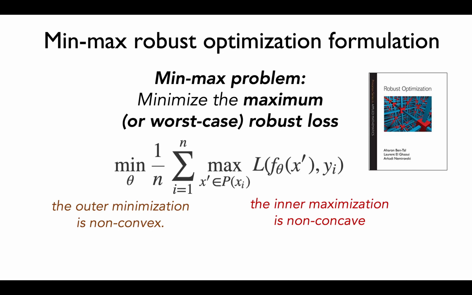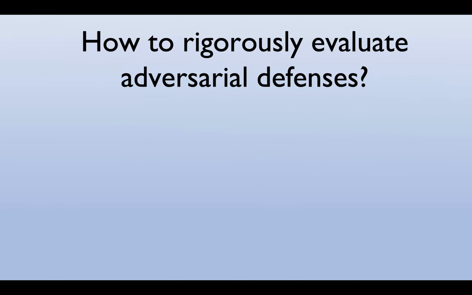Those of you who are familiar with convex optimization would know that if you have a maximization problem that is non-concave and a minimization problem that is non-convex, then it is very difficult to solve this in a tractable fashion. There are some solutions that we can try, but many of them are restricted in what we can do scalably.